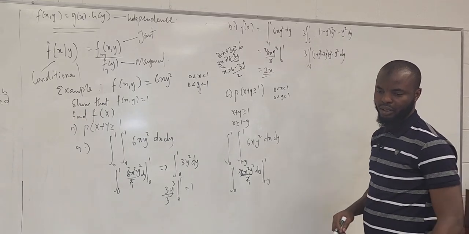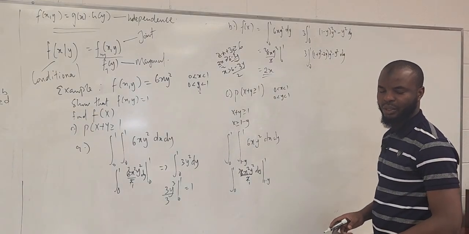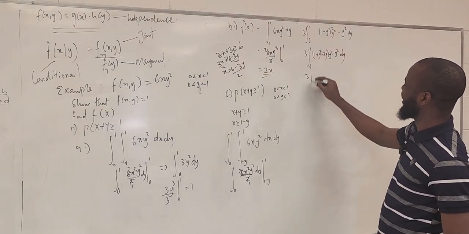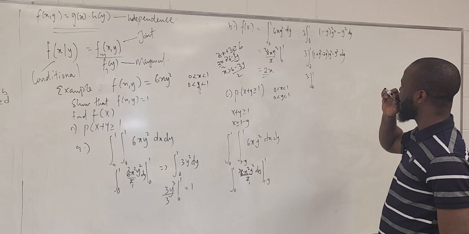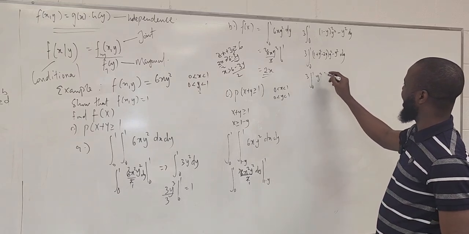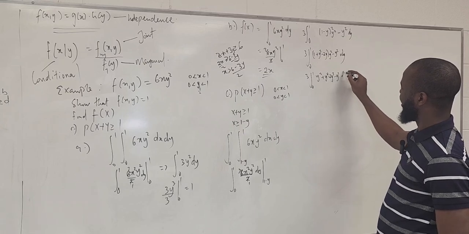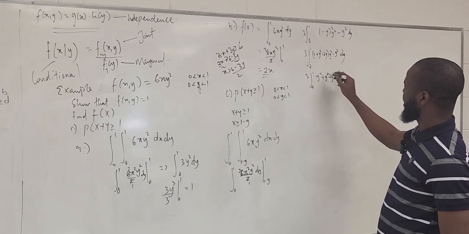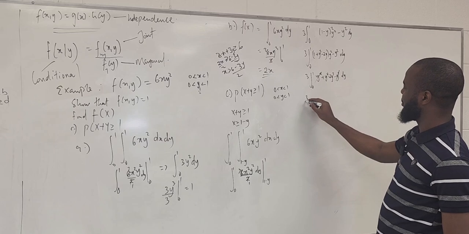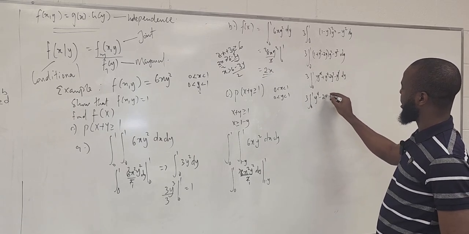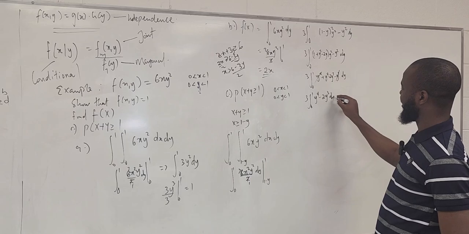Am I on the right track or mistake? Yeah, you do it on your own. So let's see. Here we have y squared plus y to the power of 4 minus 2y cubed minus y squared, dy. This cancels out this. You have 3, integral from 0 to 1 of y to the power of 4 minus 2y cubed, dy.